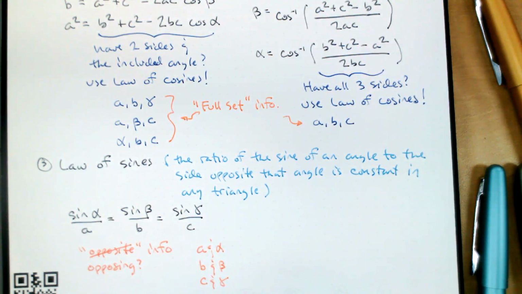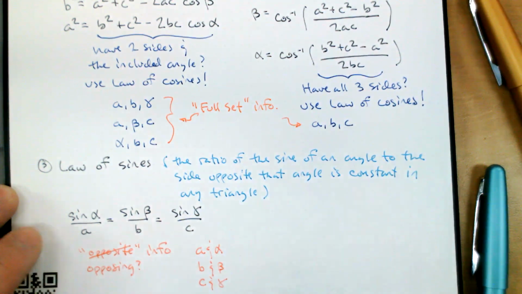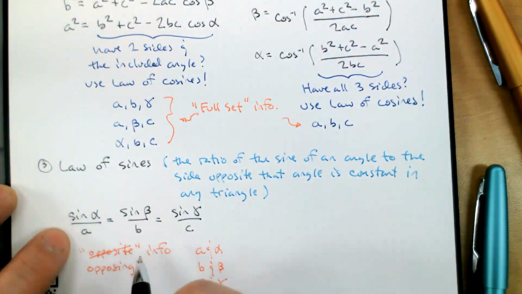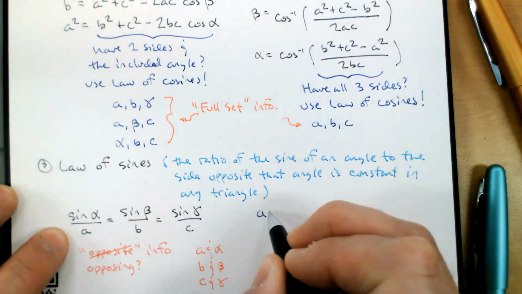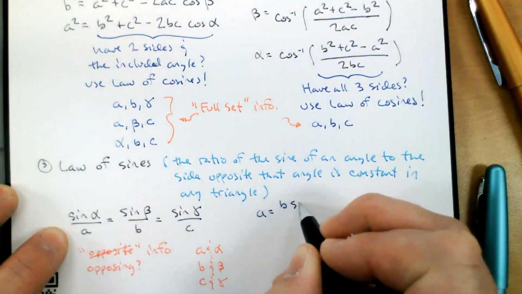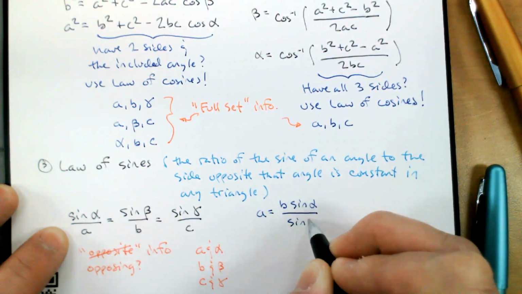Now, the way we use the law of sines is we can either solve for a side, where I could say A is B sine alpha over sine beta.